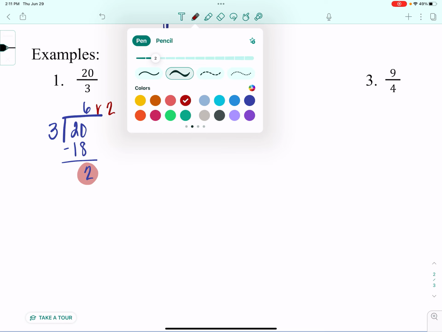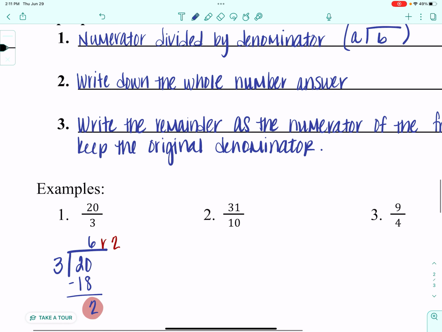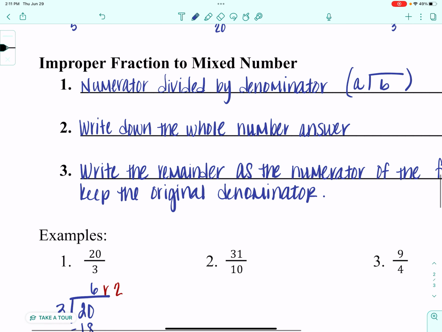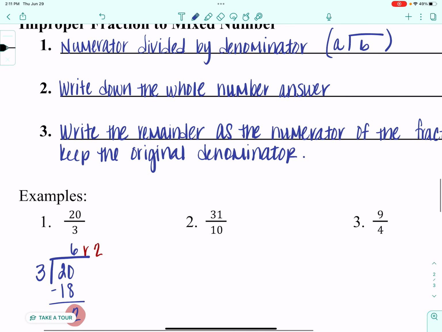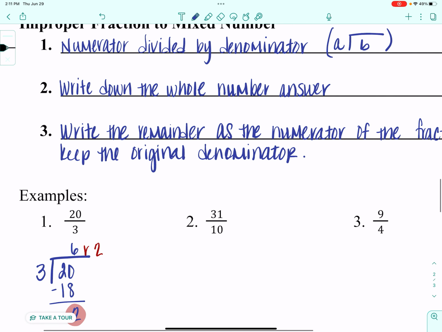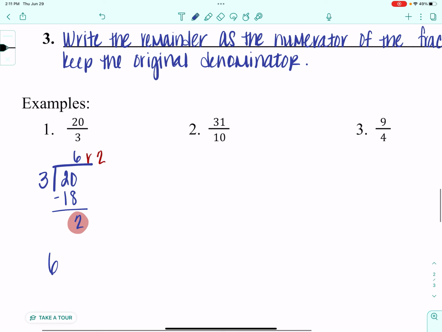That's great, Miss Graham, but what does that mean to me? Here's what it means. We did the long division. That was the first step. Second step says write down the integer or the whole number part of the answer. We did that part. Write the remainder, so the 2, as the numerator.